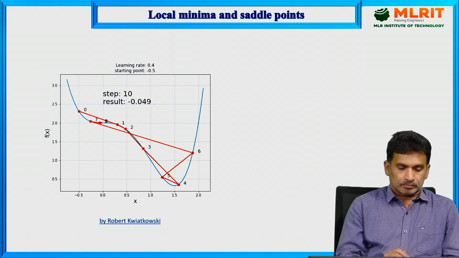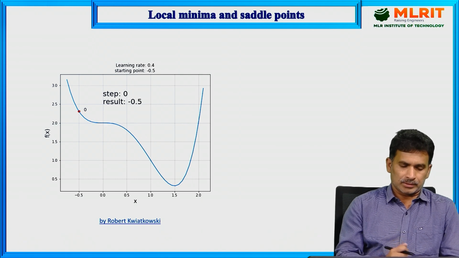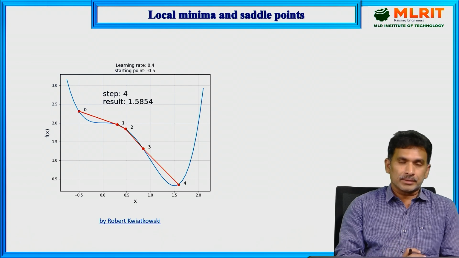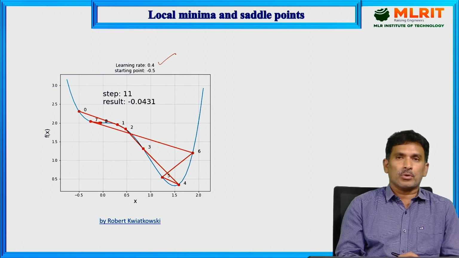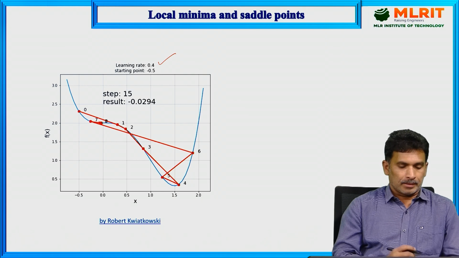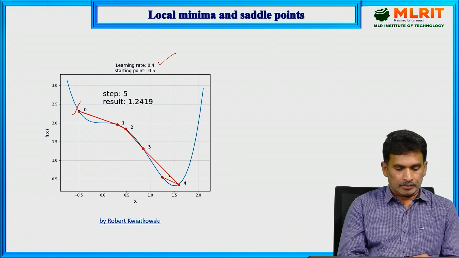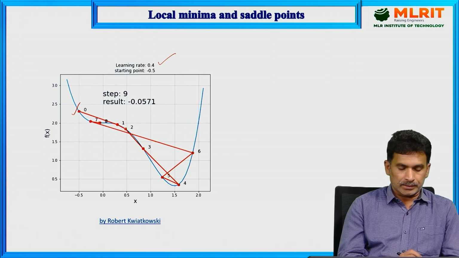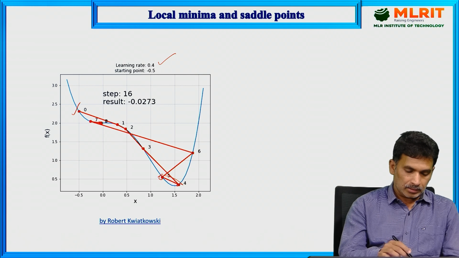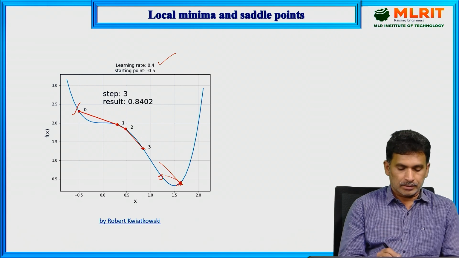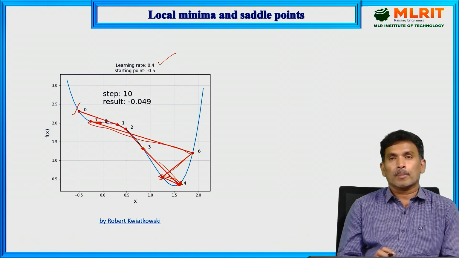And here you can see the animation that shows how gradient descent works and how it is affected by the presence of saddle points. Let us take the learning rate as 0.4 and the starting point as minus 0.5, and observe each step of how the gradient moves from the starting point. Because of the presence of the saddle point, you can see the gradient moved here and it overshoots, then it moved directly to this point and oscillates here, and again it goes back and starts again.